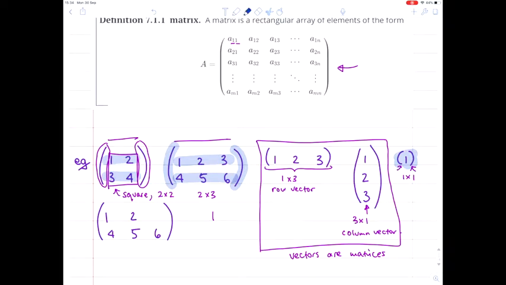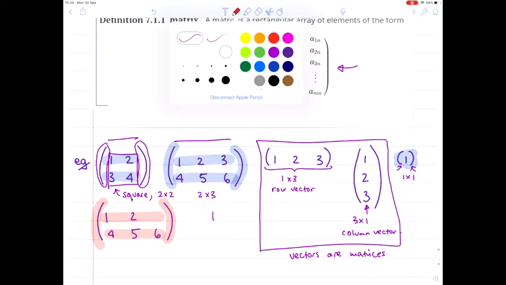On the other hand, if we have a look at this example over here, it looks like it might be a matrix, but if you look in the top row, it's got 2 elements, but then in the second row it's got 3 elements, so that is not a matrix.